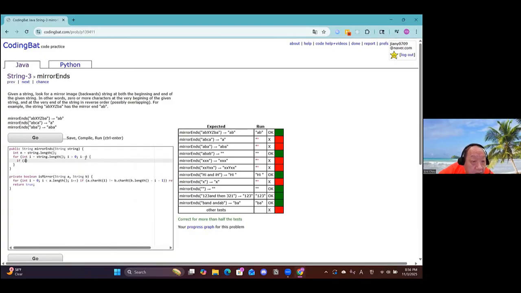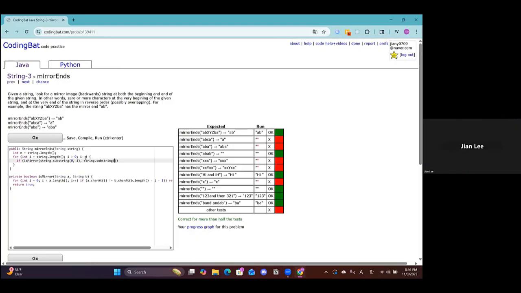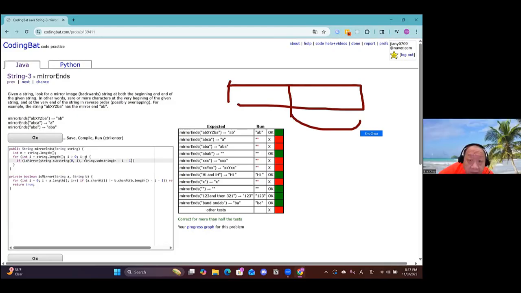If it's a mirror of the first I letter, that equals, I'm sorry, the STR length, the last I letter. Wait, what is it? It's the last I letter. Okay, N minus I, N minus I, yeah.